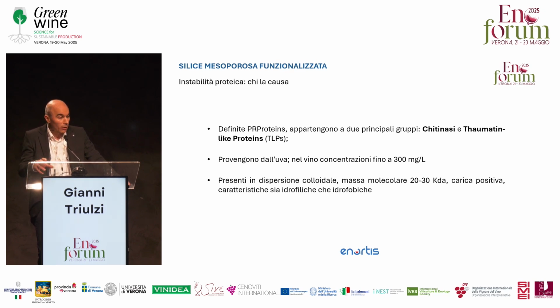You have chitinase and TLPs, which is a complex compound group. We can state for sure today that all unstable proteins come from the grape, and if there is a high protein instability, their quantity is 0.3 grams per liter, which is a lot, and which can account for a lot of cloudiness, which means that consumers see that cloudiness.